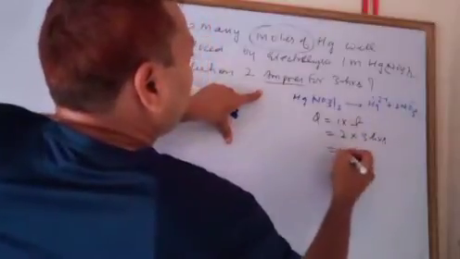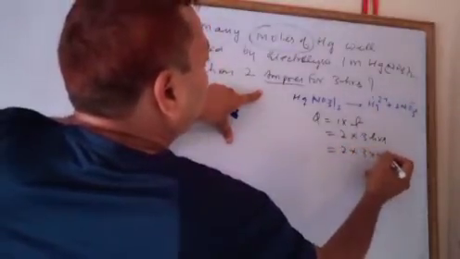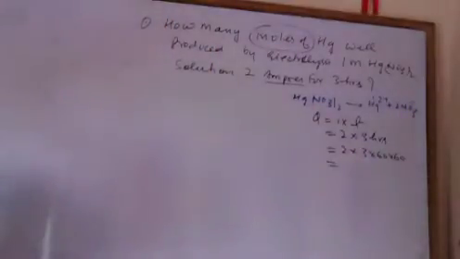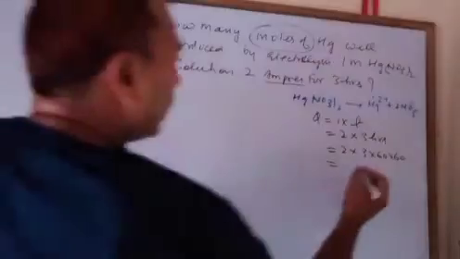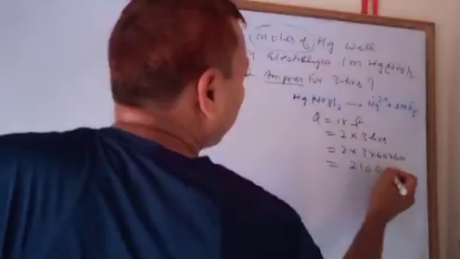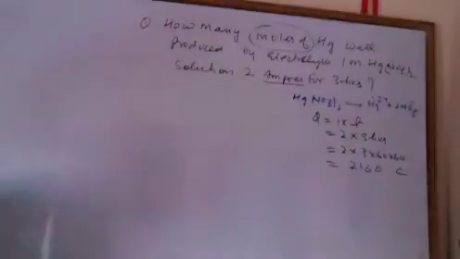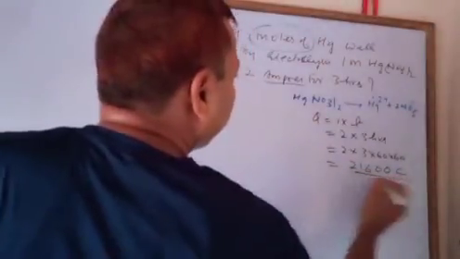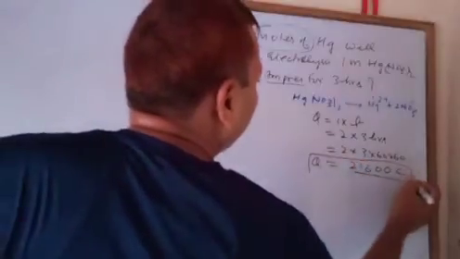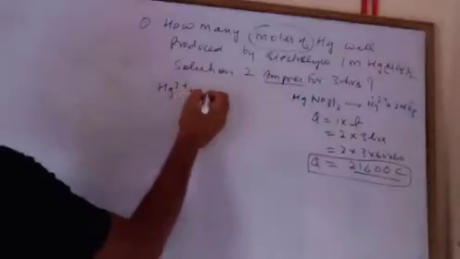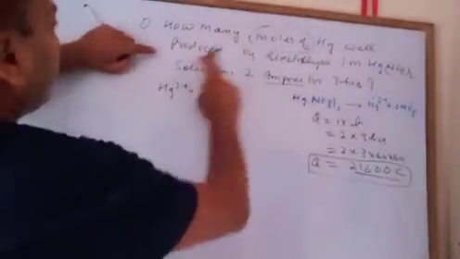So 3 hours converted into seconds is 3 into 60 into 60, so 2 into 3 is 6, 6 into 3600 is 21600 coulomb. This is the Q value. It is the charge. We have got it. Now here is the equation. Mercury, how many moles of Hg will be reduced?